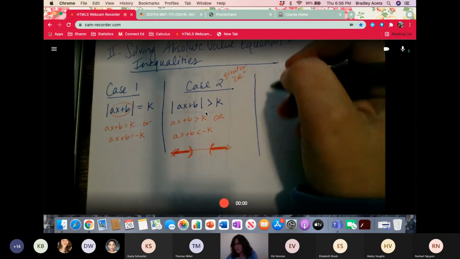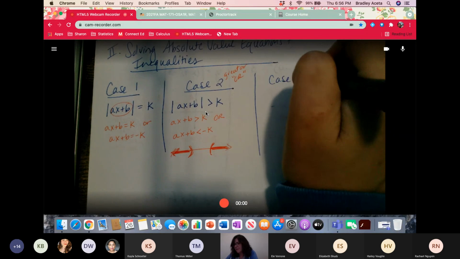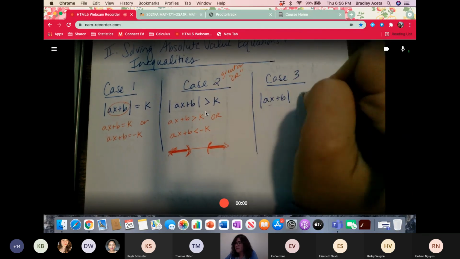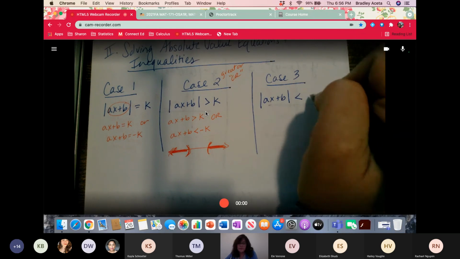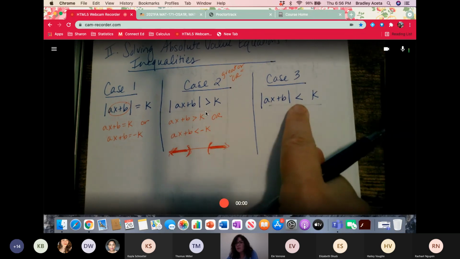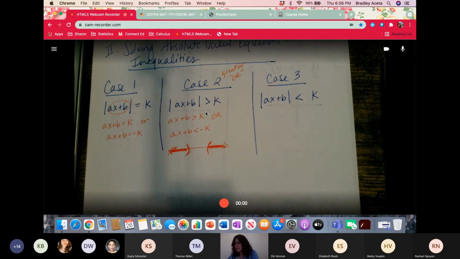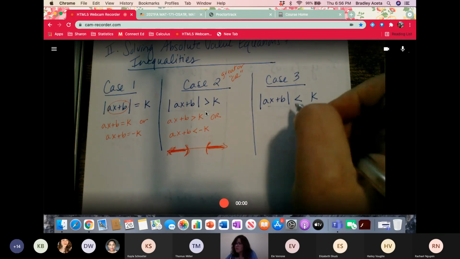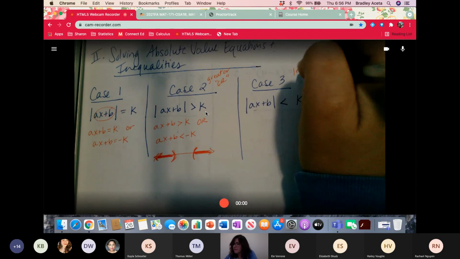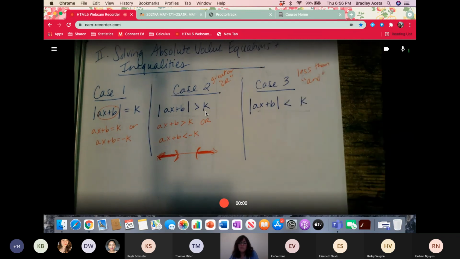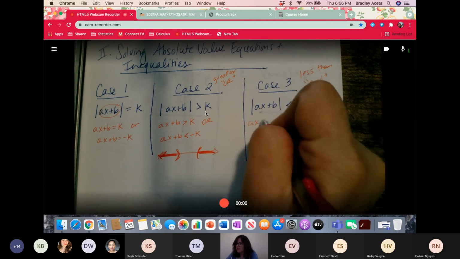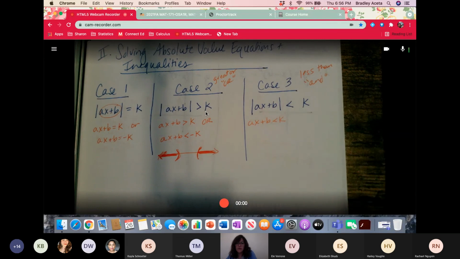Then our third case: ax plus b is less than k. And by the way, these could be equal to; I'm just doing it as less than k. Less than has to be an and graph, if you remember from algebra. So you would write it just like it is, ax plus b less than k, and solve that.